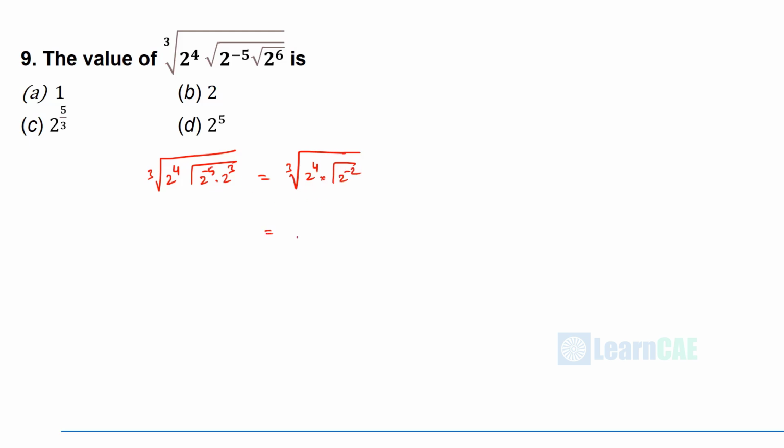The square root of 2 power minus 2 can be written as 2 power minus 2 raised to power 1 by 2. So this is nothing but 2 power minus 1. This is again cube root of 2 power 4 minus 1, which is 3. So finally this will be 2. The answer is option B, 2.